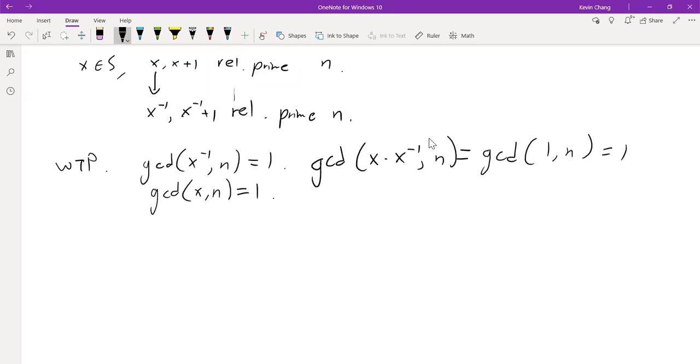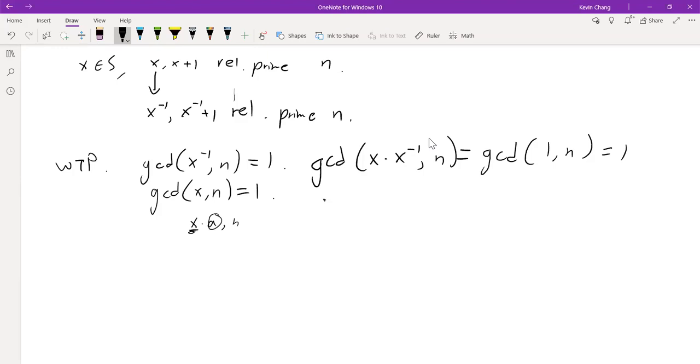So because x and n share no common factors, if we were to multiply x by some other number a, the only factors that x times a can share with n have to come from the a, because x shares no common factors with n.